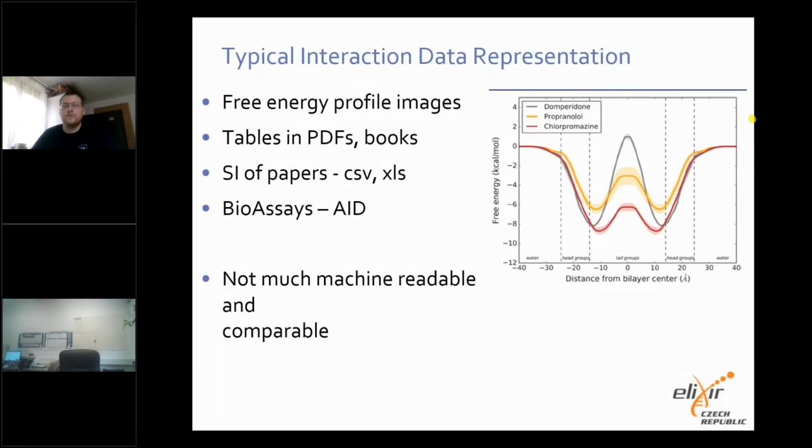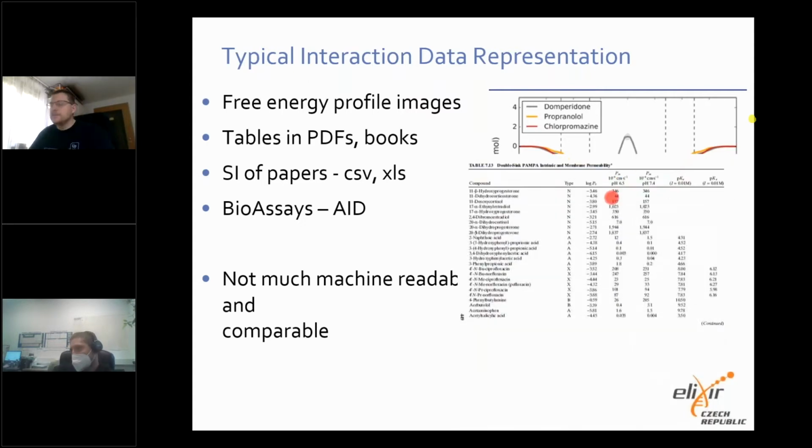But the major problem for us when we started with this was that the typical representation of interaction data in the literature is like this: a picture or graph inside the paper, or if you are a little bit more lucky, a table, which is in PDF format and therefore really hard to access and work with.